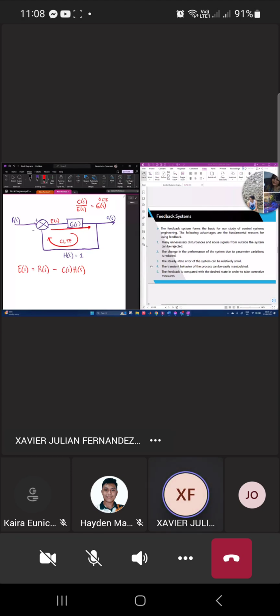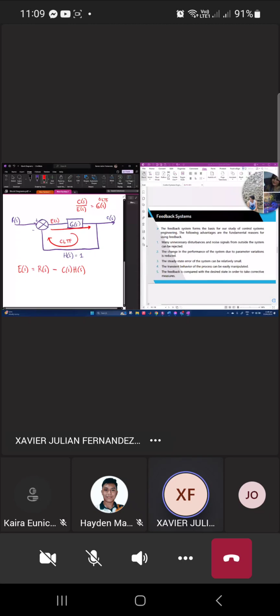Number 4, the transient behavior of the process can be easily manipulated, and of course that's through your controller. Your controller needs an actuating signal or an error signal. You cannot implement a controller with an open loop system because there is no error signal to measure.